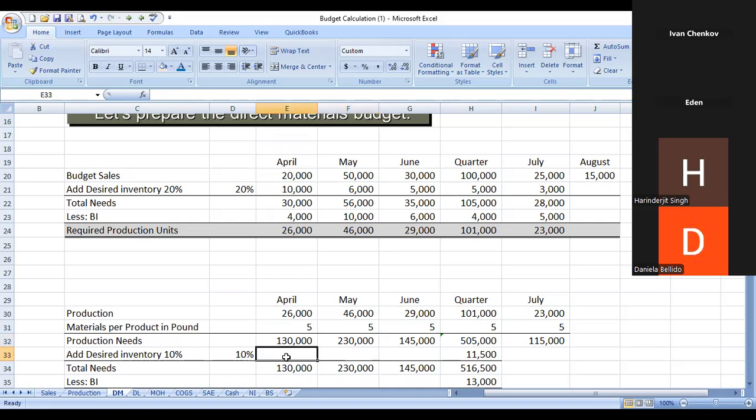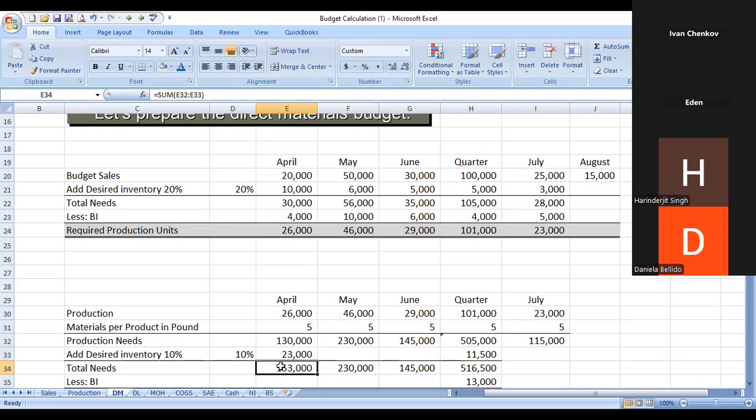So we're going to get the ending balance as 230,000 times 10%. That's going to give us 23,000. In total, I need 153,000 pounds of material.